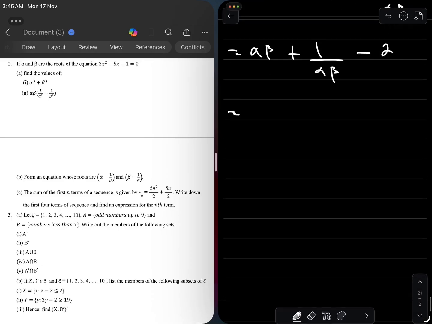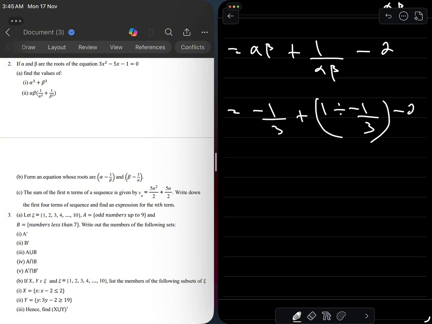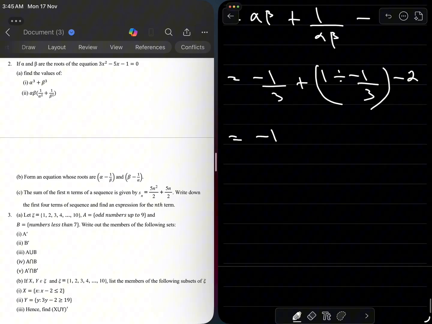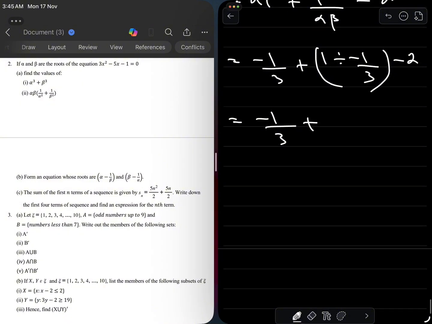And that simply means alpha beta is minus 1 over 3, plus 1 divided by minus 1 over 3, minus 2. That's minus 1 over 3 plus 1 divided by minus 1 over 3, which is 1 times 3 over minus 1, minus 2.